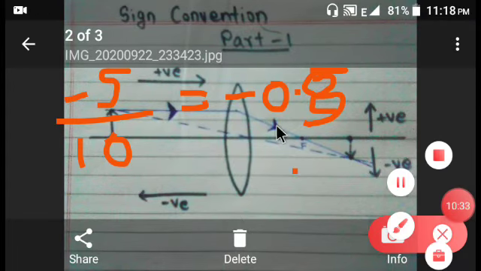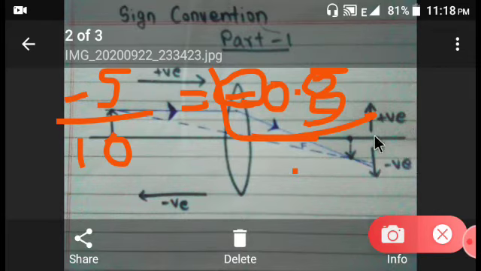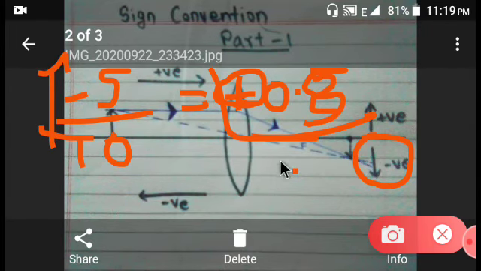Minus 0.5. What does this minus indicate? Minus indicates that the image is a real image. If it comes to be positive, then the image is erect, which will be forming somewhere here, right? That is called an erect image.